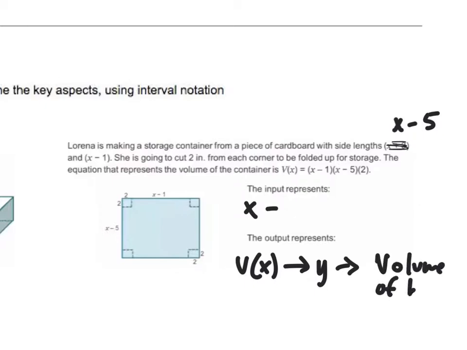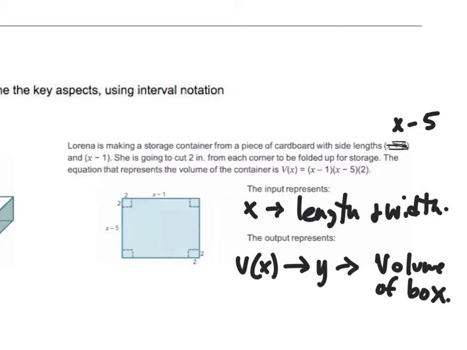of the box. That part's the easy part, once you figure out what these values for x are, and you cut out 2 inches off of each side, then you get to determine what the volume of the box is. But x is really just your length and width.